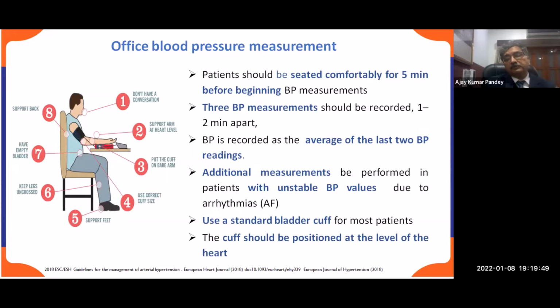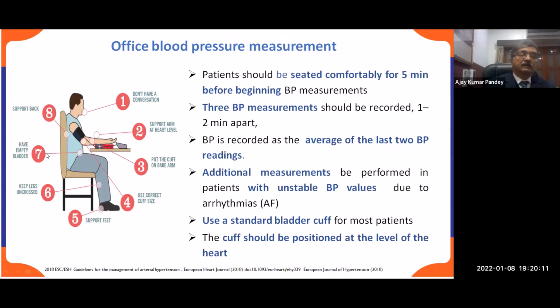The cuff should be positioned at the level of the heart. The patient's hand should be resting on a table, and the patient's legs should be in a resting position with support for the feet. The legs should not be crossed; they should be uncrossed.